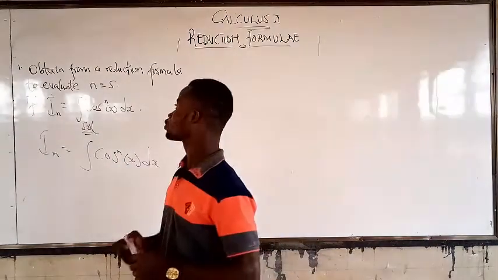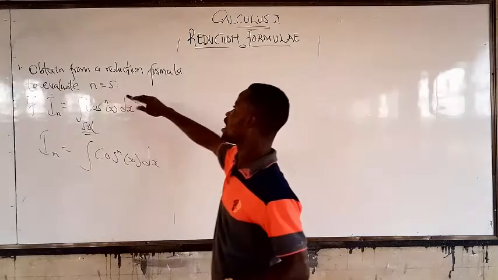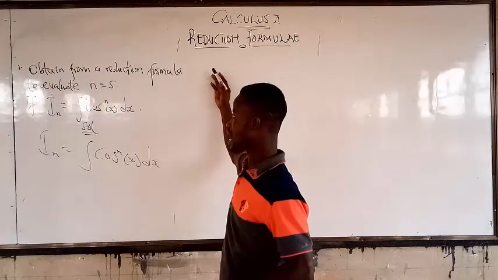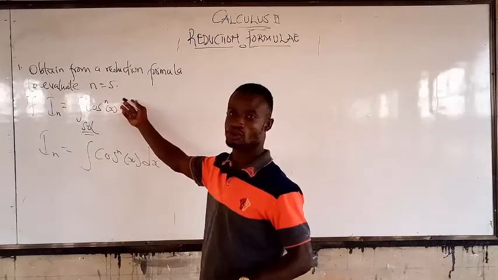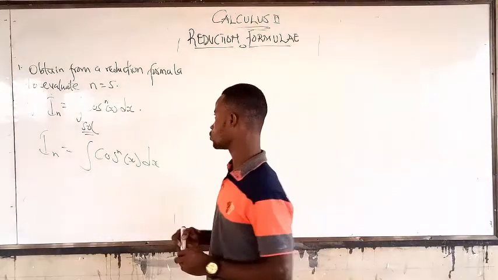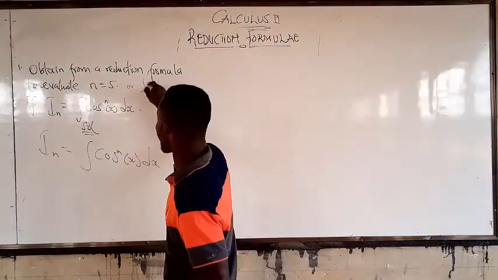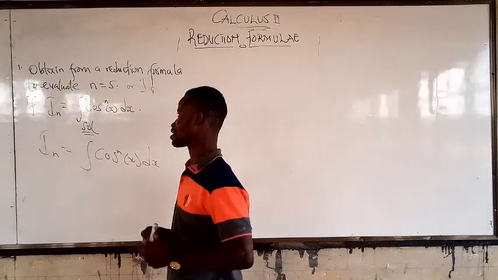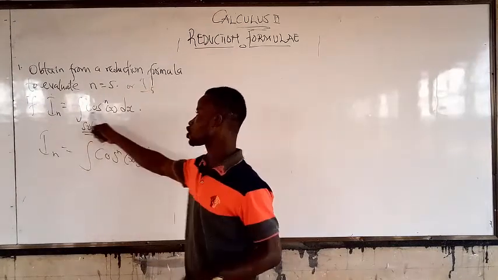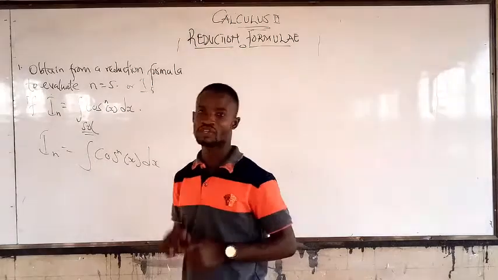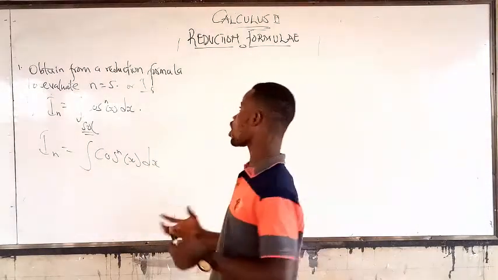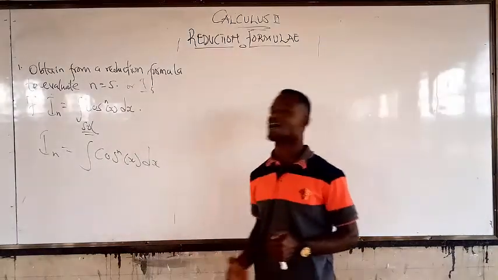Very good. The question says obtain a reduction formula to evaluate, with n equal to 5. This can be I5. That's what it means. If In is equal to this, we need to obtain the formula before we evaluate.